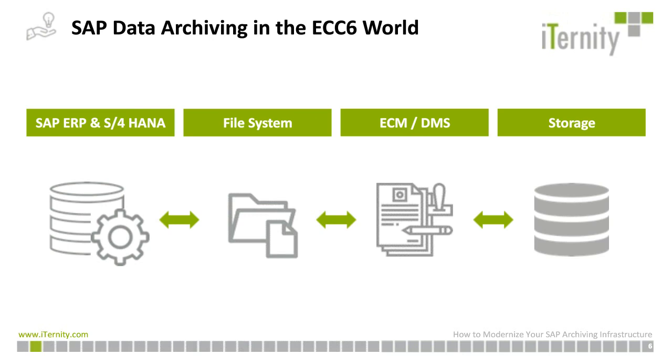Here we're not going directly through the ArchiveLink interface, but when you're trying to take data out of your database tables and archive it, you will go through the steps of selecting the data in the database table through the SARA transaction, writing a flat file out to a file system, deleting the database entries that relate to that flat file, and then triggering the move to storage or move to archive job that moves that flat file to, again, an ECM DMS system, which automatically pushes it out to the storage layer.